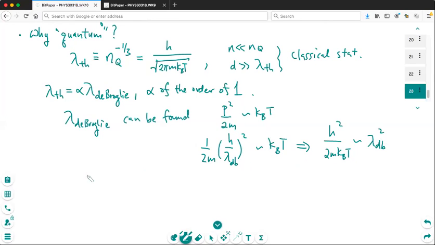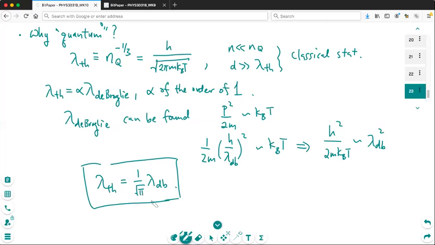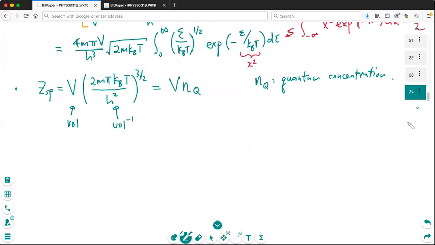If I use this treatment, this alpha is the square root of 1 over pi. As I say, of the order of 1. Okay, so that is why we can call this the quantum concentration. This is an aside, but what I want is to do more calculation. We already justified this. And now let's continue.